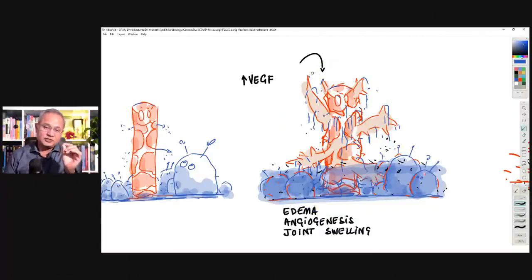Under the influence of interleukin 6, a blood vessel starts dilating. So you would say, so what? Blood vessel dilated. Fine. The problem is when the blood vessel dilates, there is, of course, more blood volume in that space.